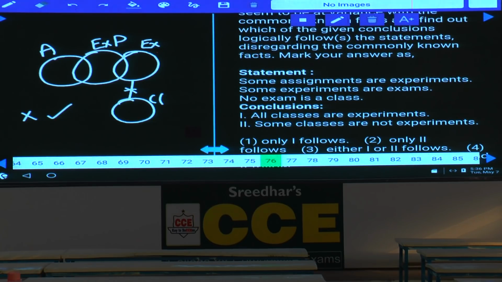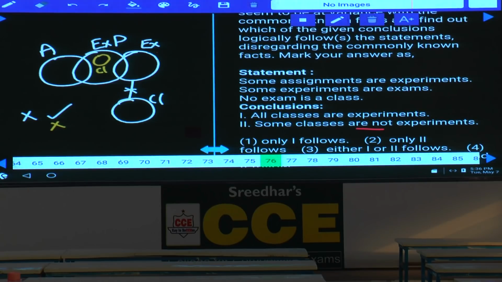Now the second conclusion is true, and it is a negative conclusion. To make this one false, we need to prove the complementary pair. What is the complementary pair here? All classes are experiments. Is it possible to write all classes are experiments like this or not? Yes, it is true. Hence, the alternate diagram is proven, and the previous conclusion will be false.